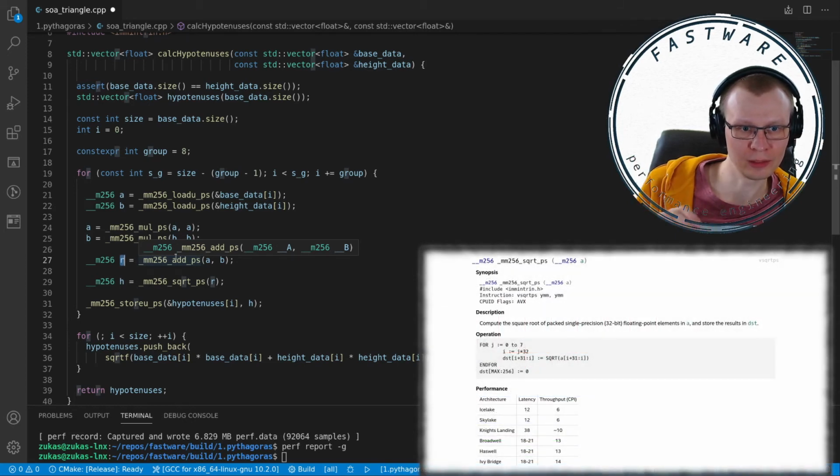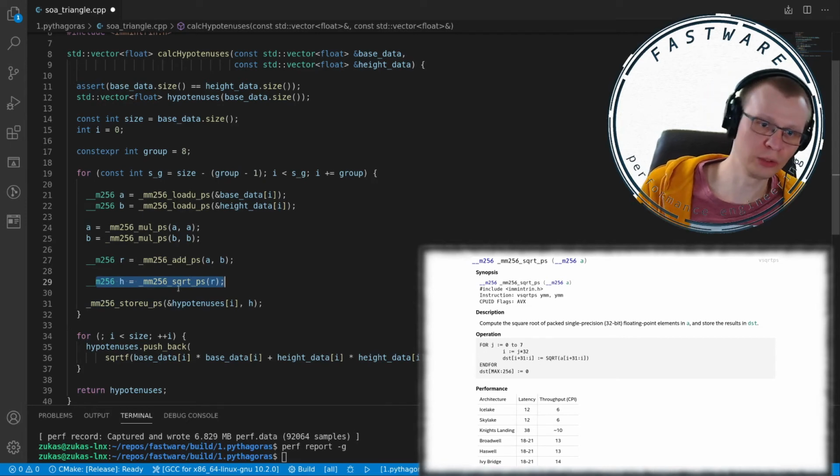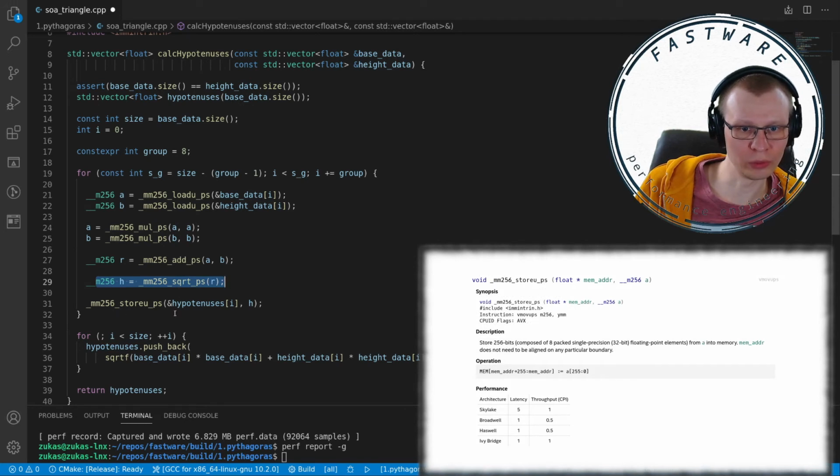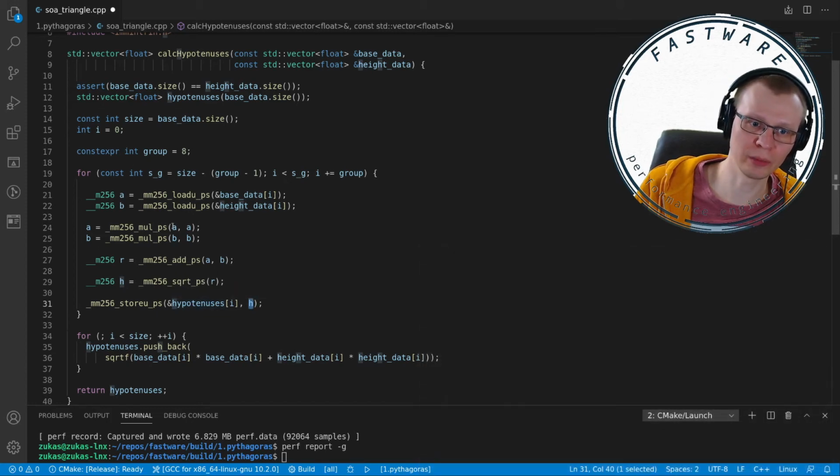The second to last instruction here is the square root. We take the square root of each value of R and store it into the H register. The last thing we want to do is give a memory address to hypotenuse and store this H value into the hypotenuse. Now, this algorithm is generic.